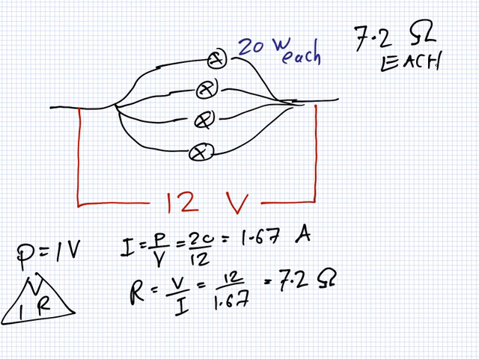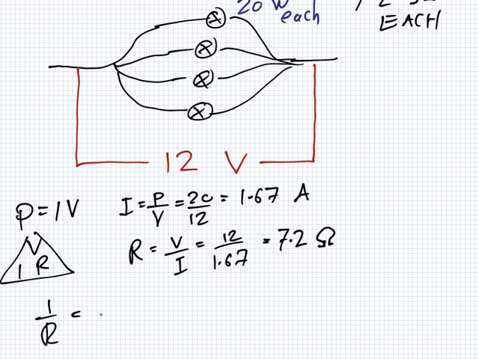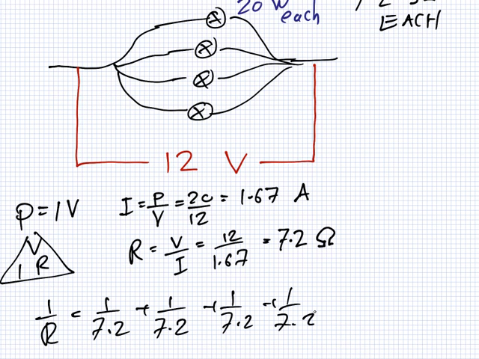And they want the total. So how do you combine these resistances together? 1 over R total is 1 over 7.2 plus 1 over 7.2 plus 1 over 7.2 plus 1 over 7.2.